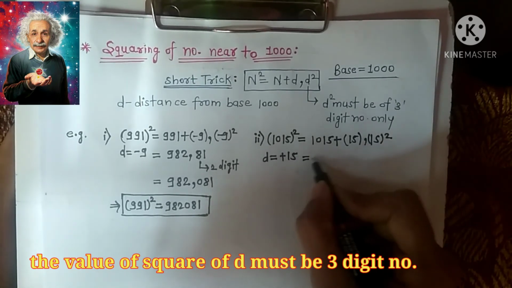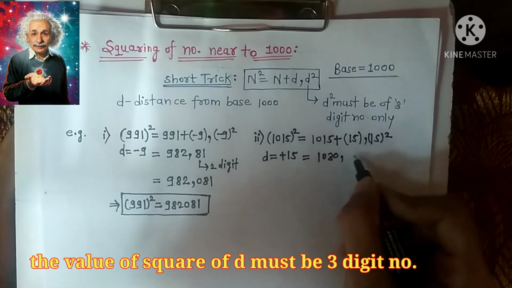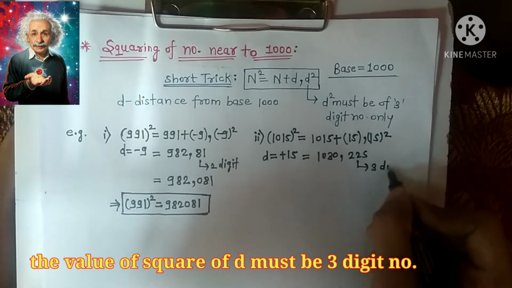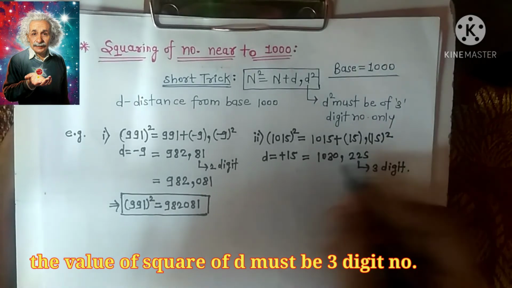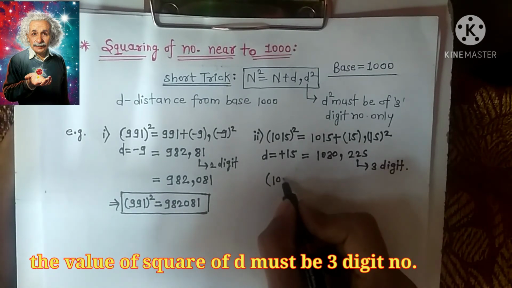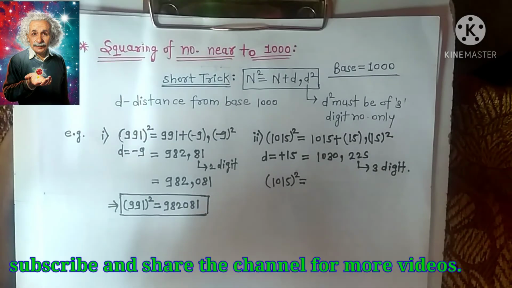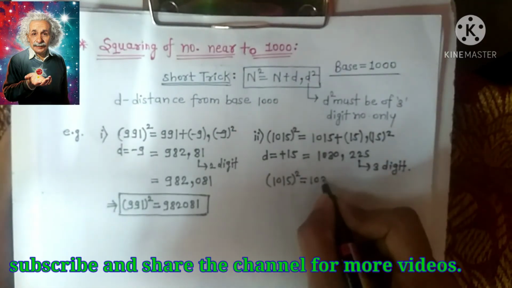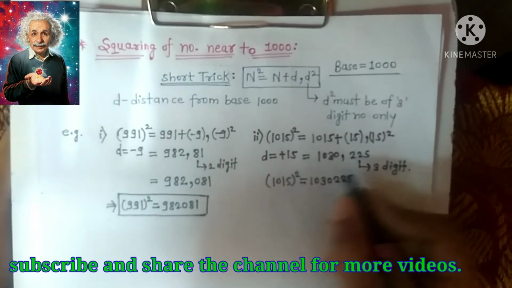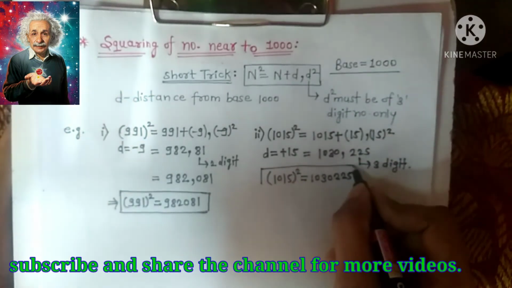So we get 1030 comma 15 square is 225, and this is already a 3-digit number. So finally we get the square of 1015 as 1030225. You can check this answer on a calculator, then you will get the same answer.